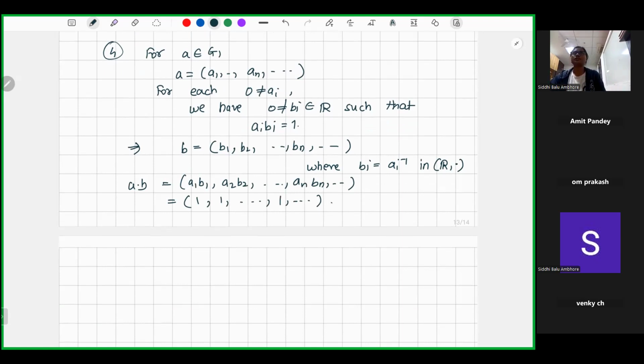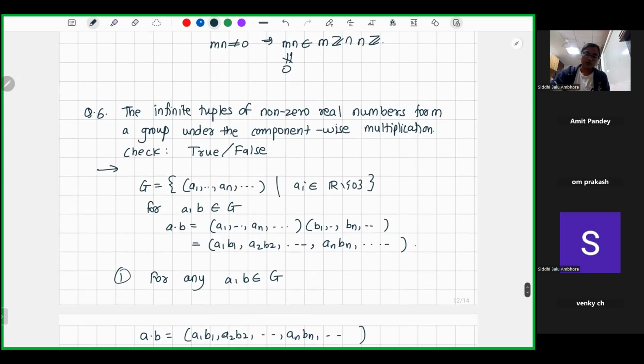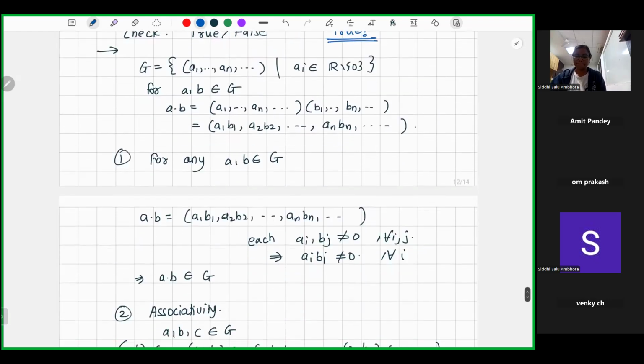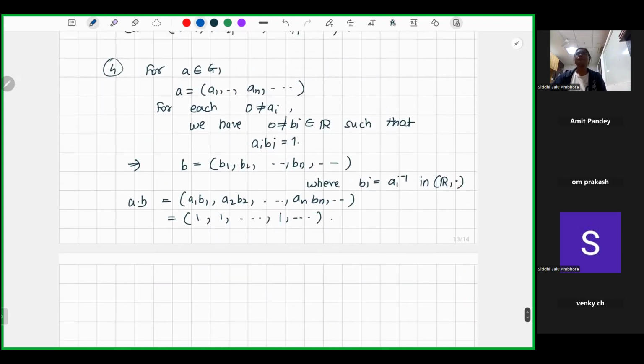This was just an easy cross-checking of whether this forms a group or not. And this is true. Is that okay? If you have any doubt, please let me know.